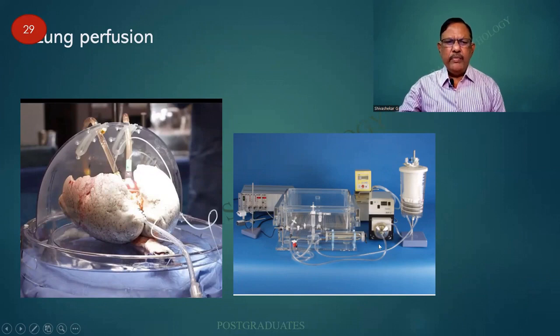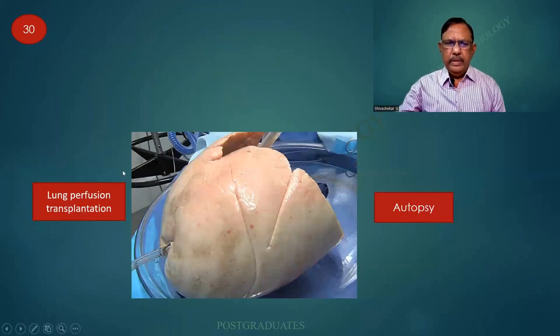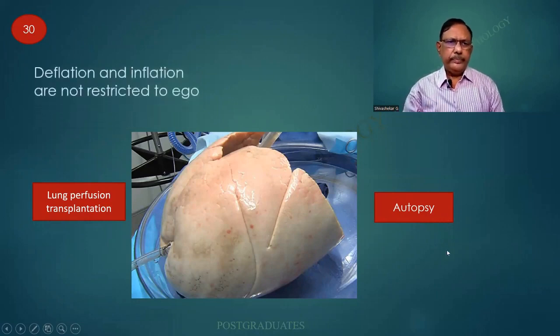Sometimes we have a series of apparatus for it, wherein the perfusion and the inflation are done. So it can be for transplantation. It can also be for autopsy for us, rather after autopsy. Deflation and inflation are not restricted to ego. It is life and death.